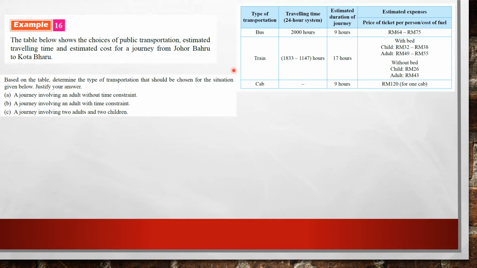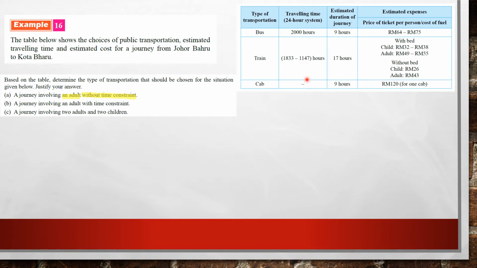So from this table, first we highlight what is being asked. The important thing here is without time constraint, and they want just an adult. So when you say an adult, if you take a cab, you have to pay 120 ringgit.